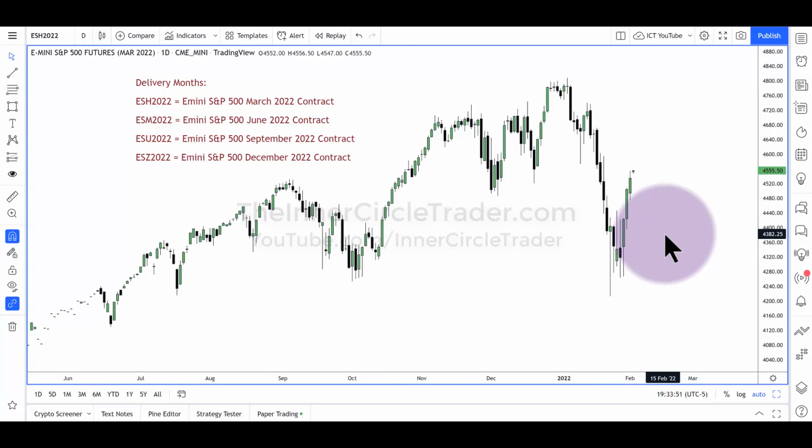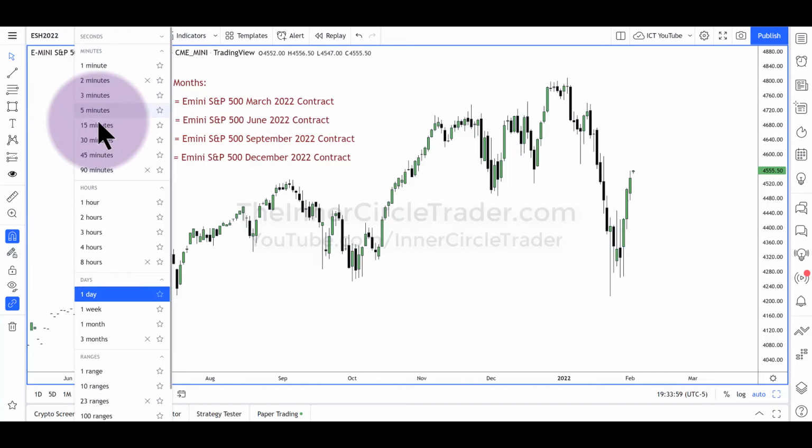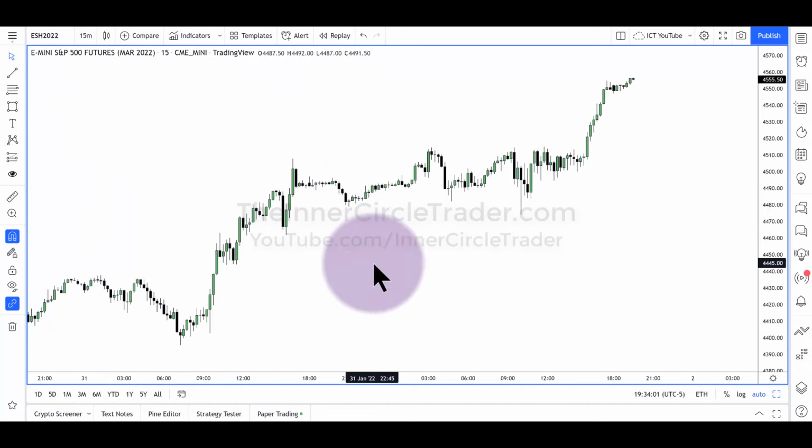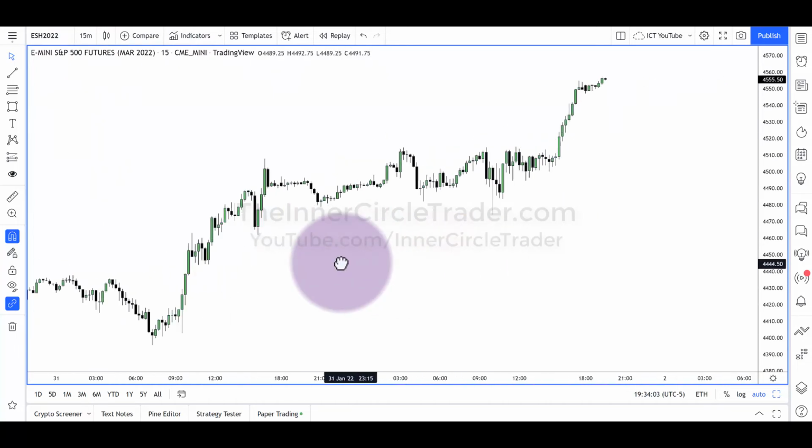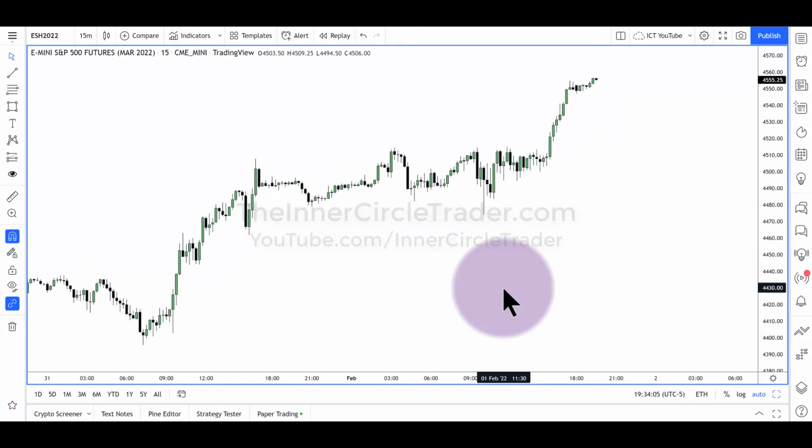repeating phenomenon. But I want to take a look at the 15-minute time frame. All right, and when you're looking at this 15-minute time frame, this is the bellwether time frame. This is where I'm looking for key highs and lows.